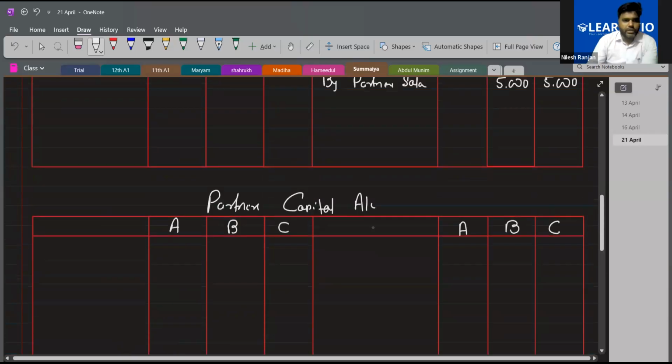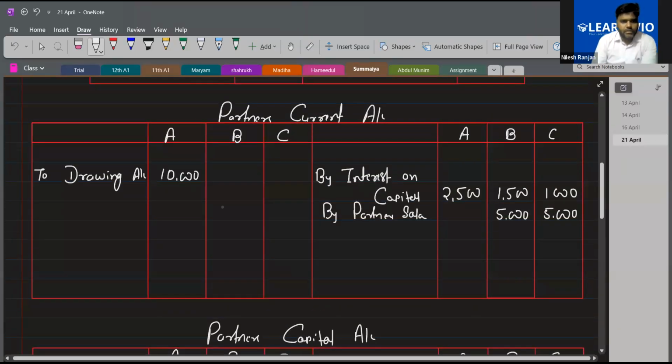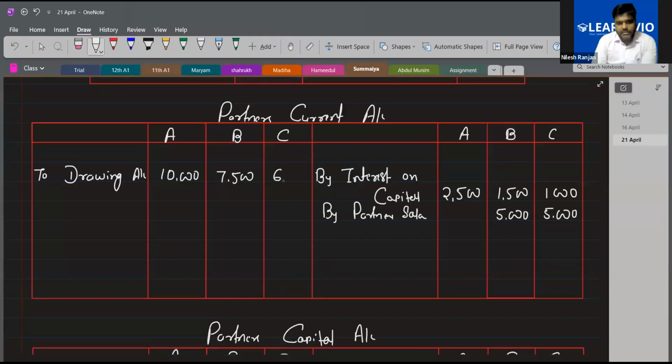So it will go in the current account, 7,500 and 6,000.